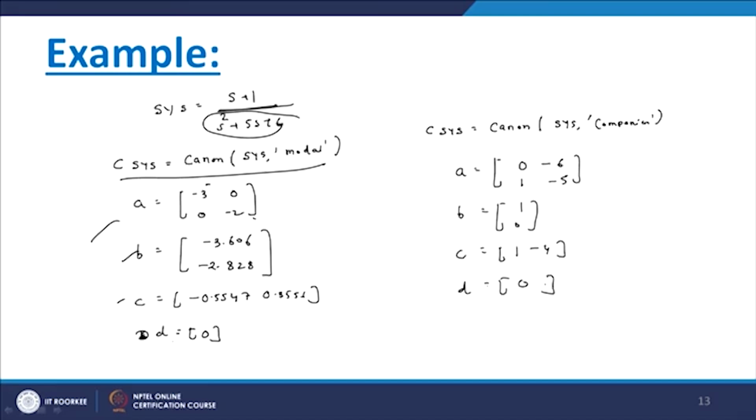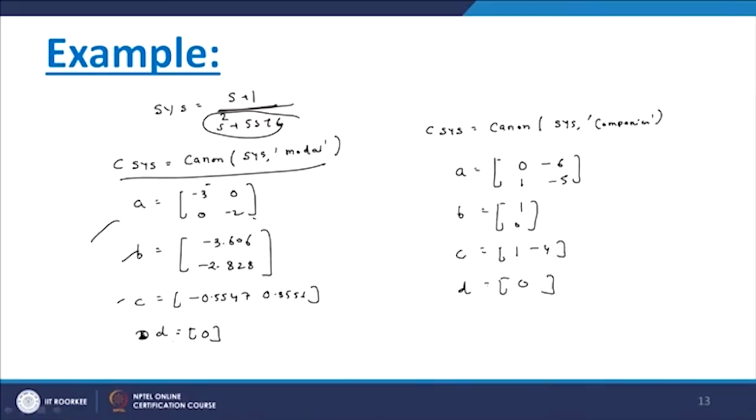So, if you use this command, you get A, B, C, D matrices and A has the form 0 -6, 1 -5, but I think we will find that this is somewhat different from what we have determined as the companion form.